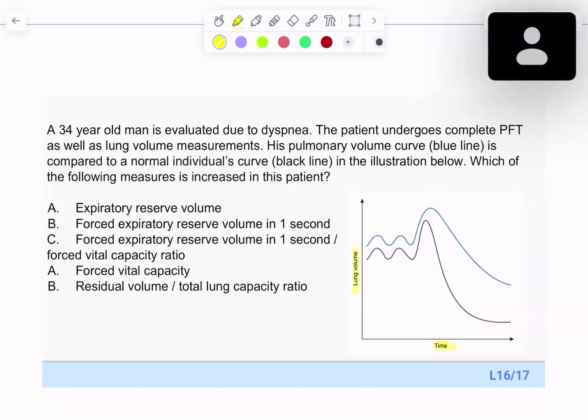What's the medical condition in this patient who has an increase in the volume of their lung? Oh, by the way, I don't know why this is supposed to be D. Sorry. This is supposed to be D, and this is supposed to be E.